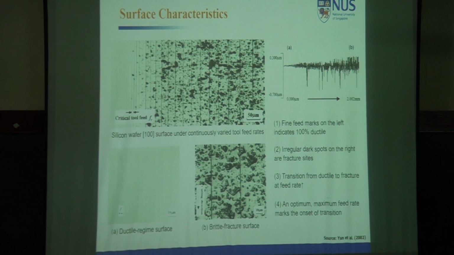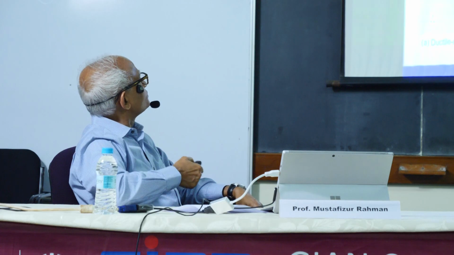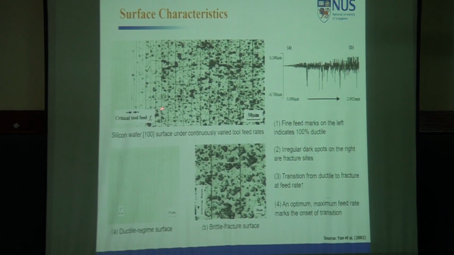And he showed experimental results, he analyzed from the edge. As you move in, you see the fine feed, slowly increases feed rate and fracture comes in. Critical tool feed up to here, after that it cracks.